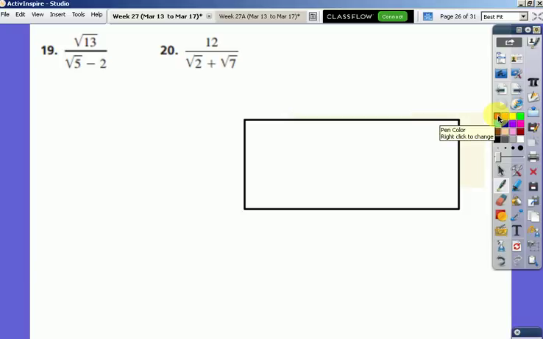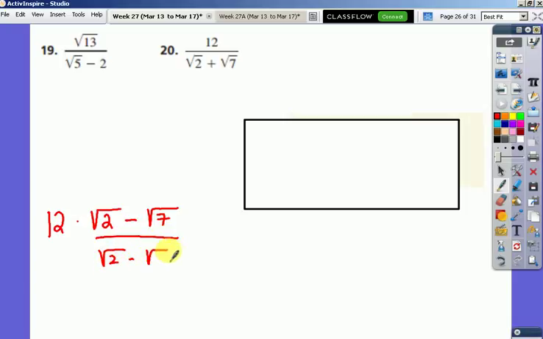So, multiply that numerator by root 2 plus root 7. Oops, sorry, minus. As well as that denominator by root 2 minus root 7.